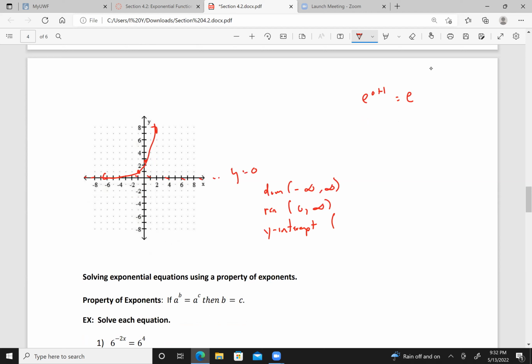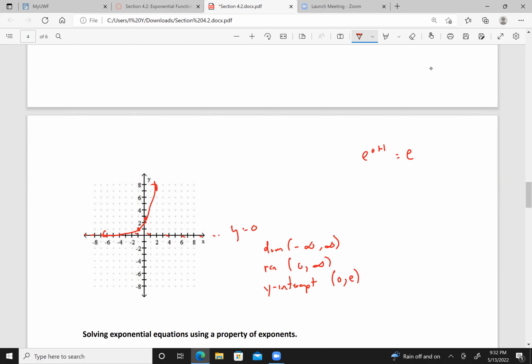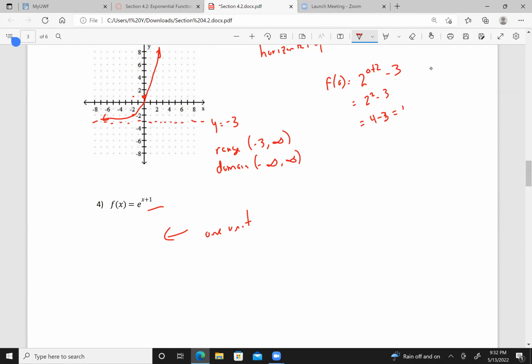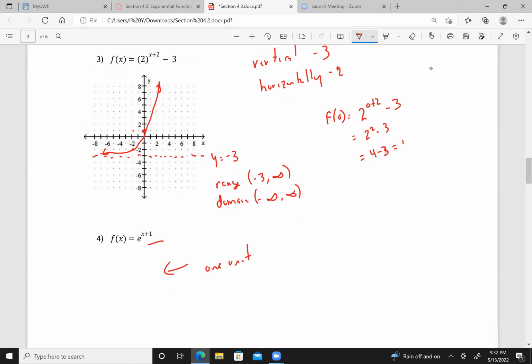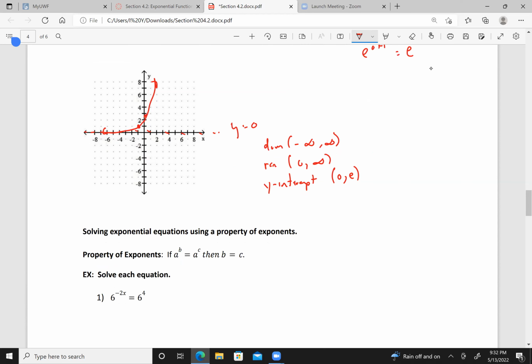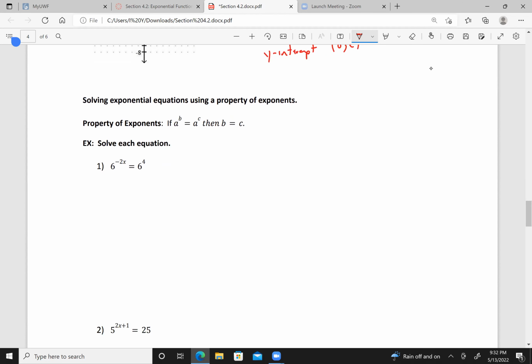So my y-intercept is e, which again, we can just leave imprecise. We don't need to come up with a number. What else were we looking for here? Intercept, domain, range, graph. And I believe that's it. Okay.